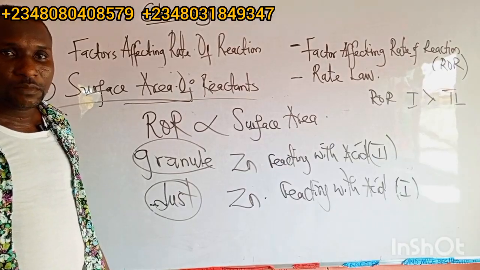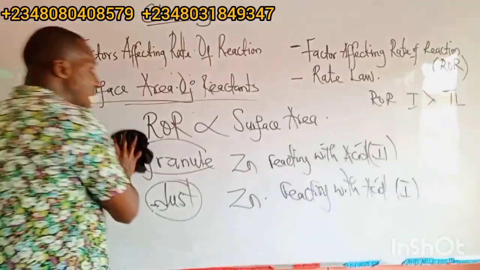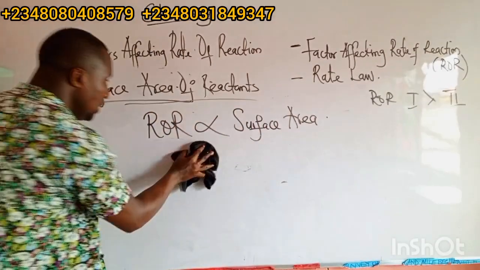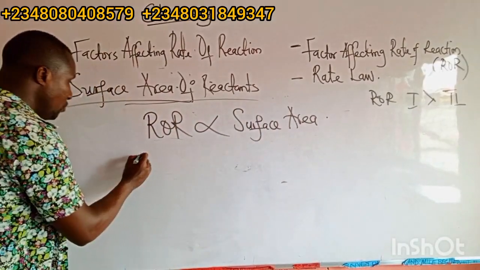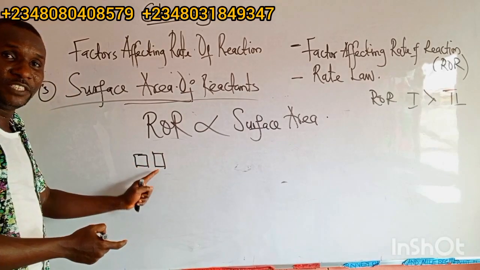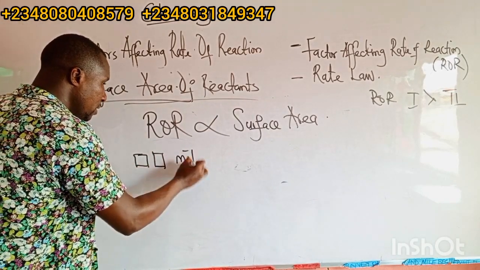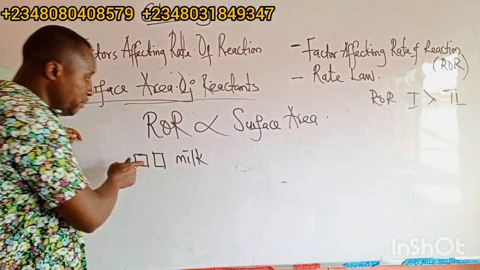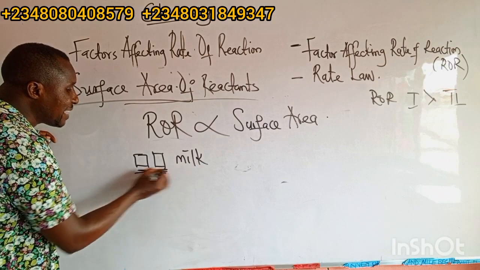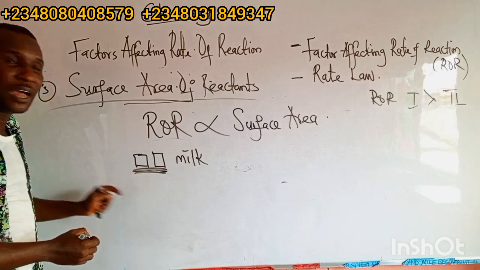Take note of that. Another example under this: when you have a cube of sugar and you drop this cube of sugar in milk, it takes a longer time to dissolve.